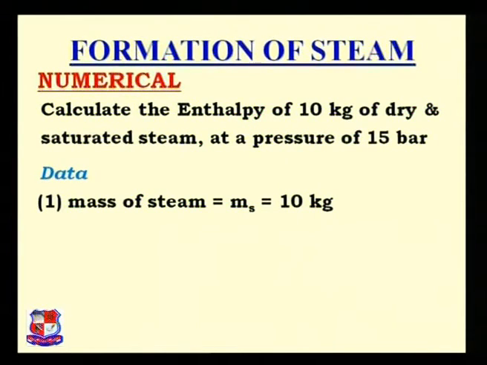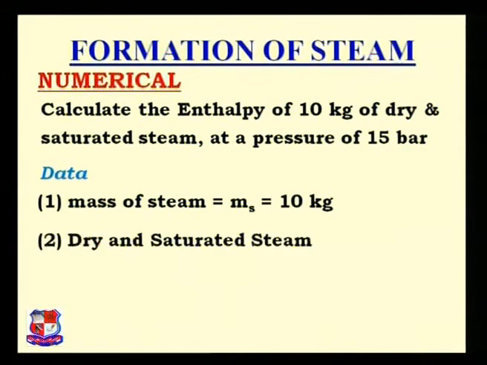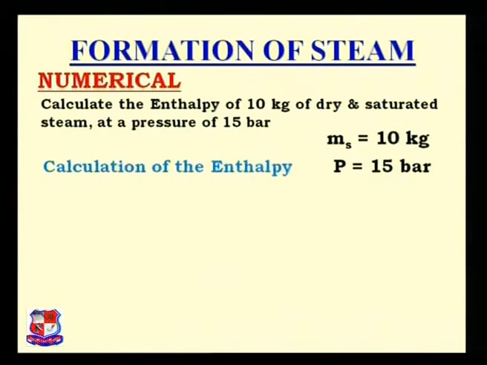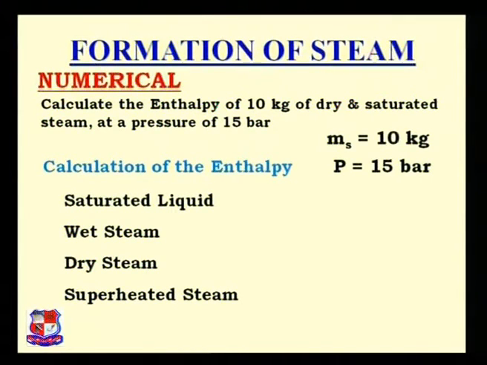of dry and saturated steam. So in this problem they have clearly mentioned that the steam is dry and saturated steam. So the next important data is dry and saturated steam at a pressure of 15 bar. It means they have given us the pressure of steam equal to 15 bar. Now in this problem also we have to calculate the enthalpy, and here out of 4 possible ways, that is saturated liquid, wet steam, dry steam and superheated steam, they have already clearly given us that the steam is dry and saturated steam.